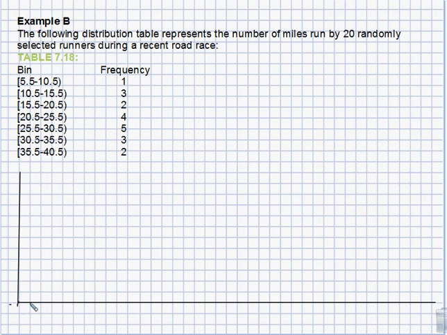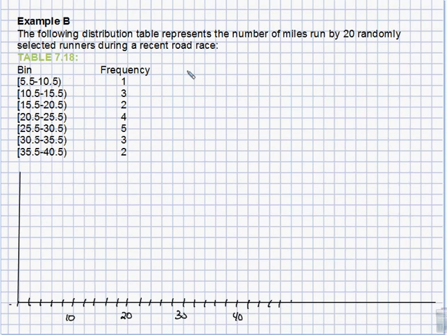So 0, 2, 4, 6, 8, 10, 12, 14, 16, 18, 20, 22, 24, 26, 28, 30, 32, 34, 36, 38, 40, 42, 44, 46, 48. I don't need to go any further than 40.